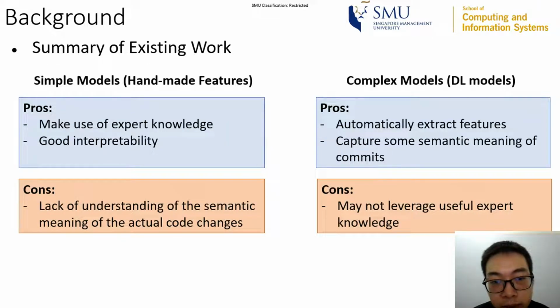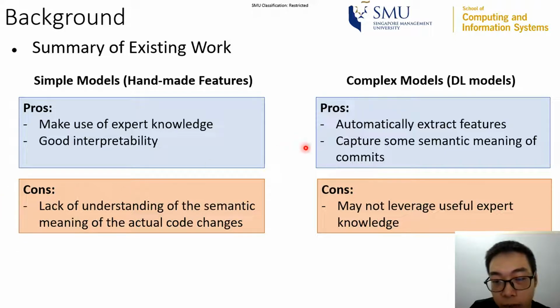To better understand the simple and complex models, we summarize the pros and cons of each kind of method. For simple models, the good thing is that they can make use of expert knowledge and have good interpretability because they use traditional machine learning classifiers. But this kind of method does not understand the semantic meaning of the actual code change.